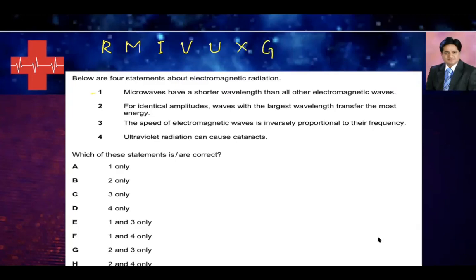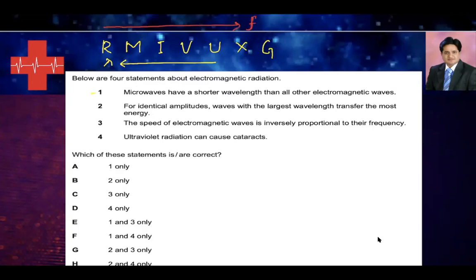Now, the wavelength increases in this order. So technically, if you're moving from gamma to radio, the wavelength increases. And if you are moving from radio to gamma, the frequency increases.